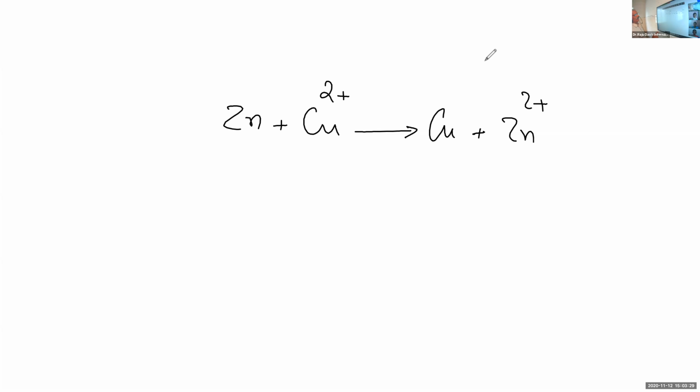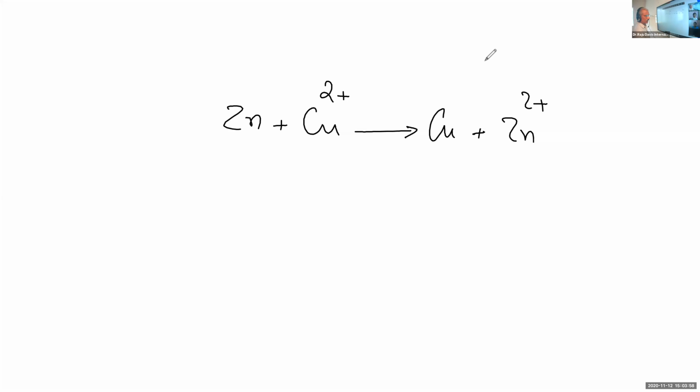When you speak about oxidation and reduction, you consider only the reactants. What happens to the reactants? Whether in the electronic concept or in the oxidation number concept, you think of what is happening to the reactant.